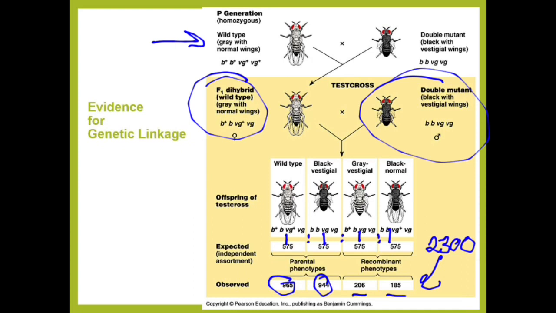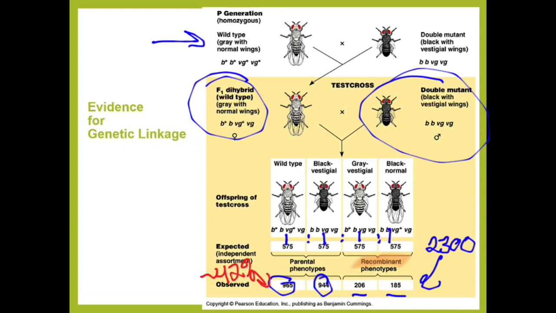Those other phenotypes that don't look like the parents are the recombinant phenotypes. So this is no longer a 25% distribution. If we were to calculate this, it comes out to somewhere in the neighborhood of 42%. And so we see more parental phenotypes. That's when we know that they're linked.